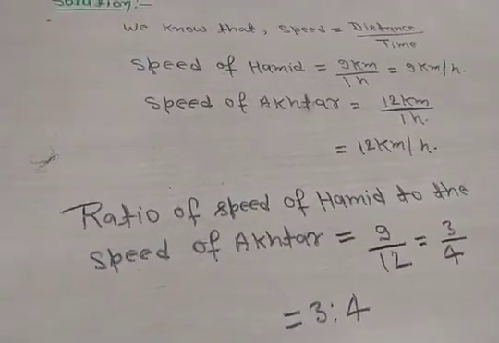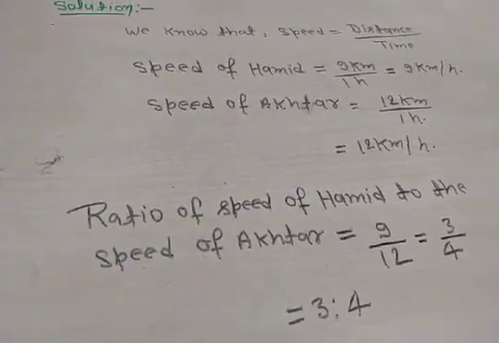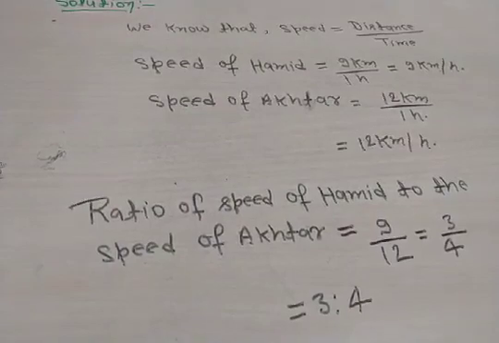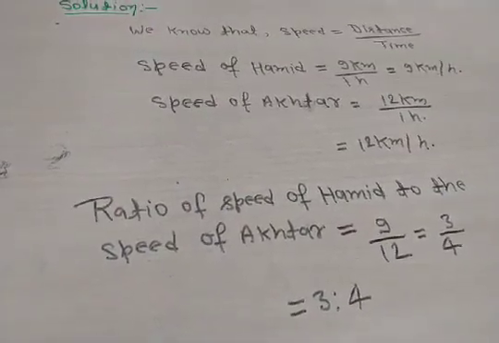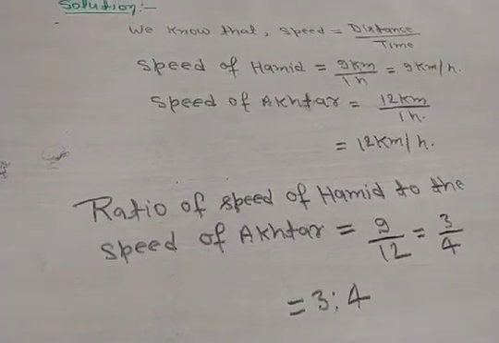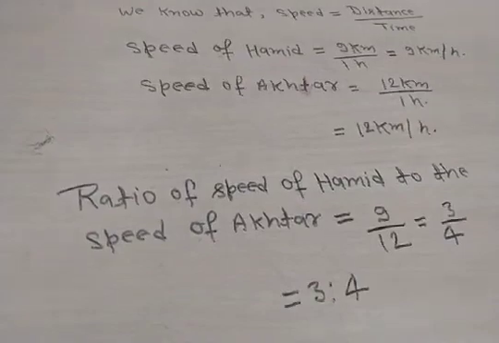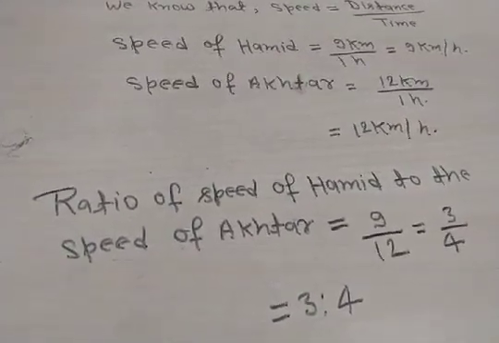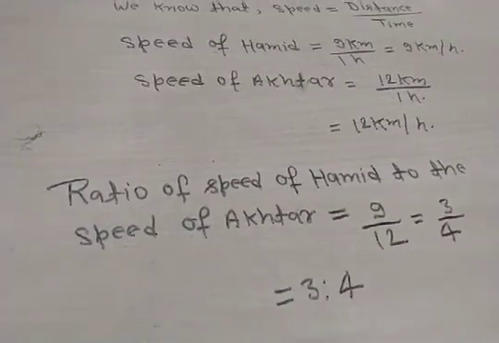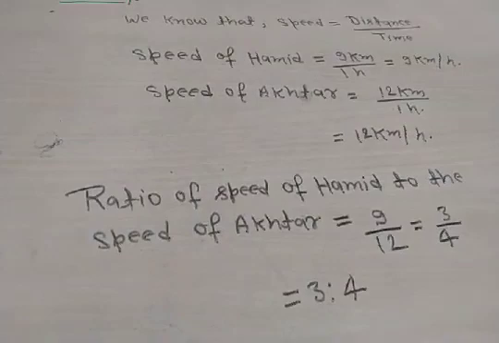Students, beware: ratio has no unit. So the ratio of speed of Hamid to the speed of Akhtar is 9 by 12. We simplify it and find that 9 by 12 is equal to 3 by 4. So the ratio is 3:4. I hope all of you understood.